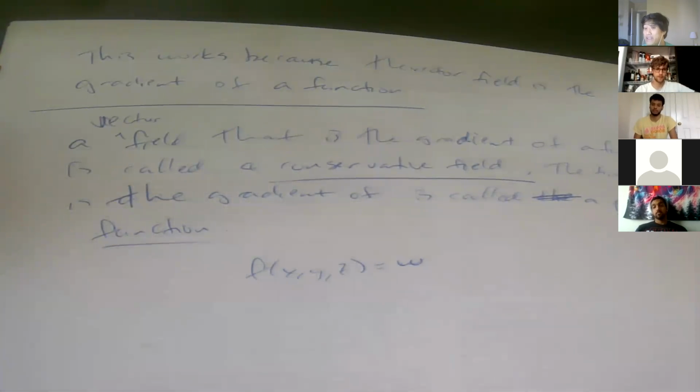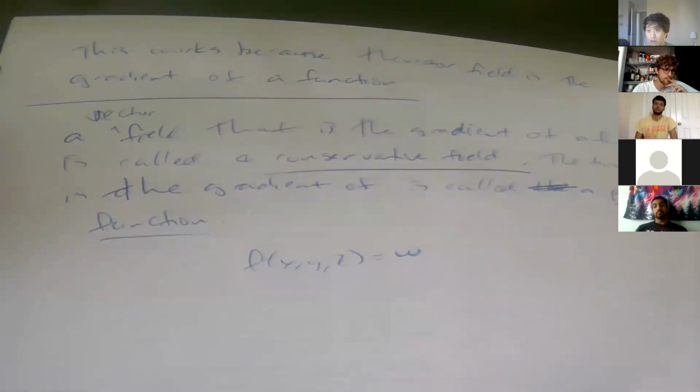But that doesn't always happen. So what I mean by that is there are vector fields, which we'll talk about, that have no functions whose gradient is equal to that field. We've been very nice in seeing fields that are always conservative, but that is not always the case.